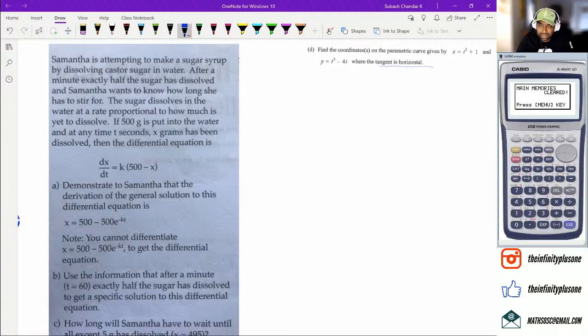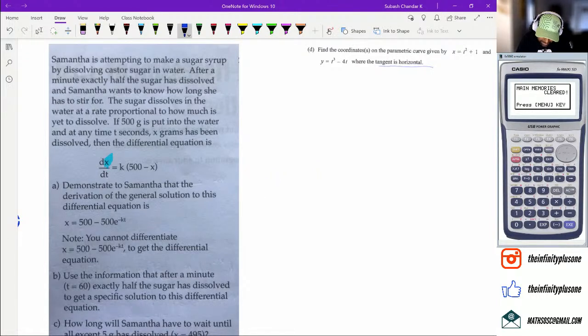I hate when they do this. In this question, they've put x in here, and I kid you not, the number of times I've seen kids do this. They do this 500k minus xk, and then they start integrating x. So really important to remember this part.